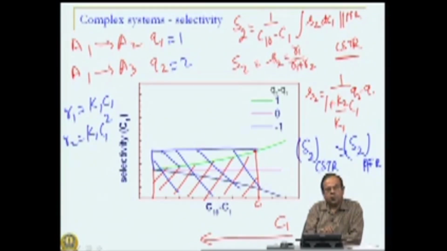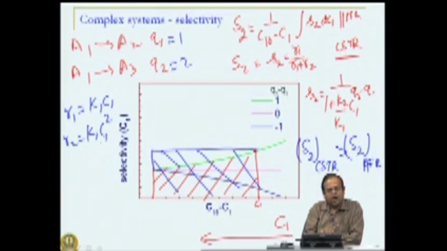That means, comparing between high concentration and low concentration, the concentration has more effect on reducing the second reaction than the first reaction. Why? Because in the second reaction concentration is squared. The contribution of a square is always higher than the contribution of a linear term. So, that applies to reduction also.